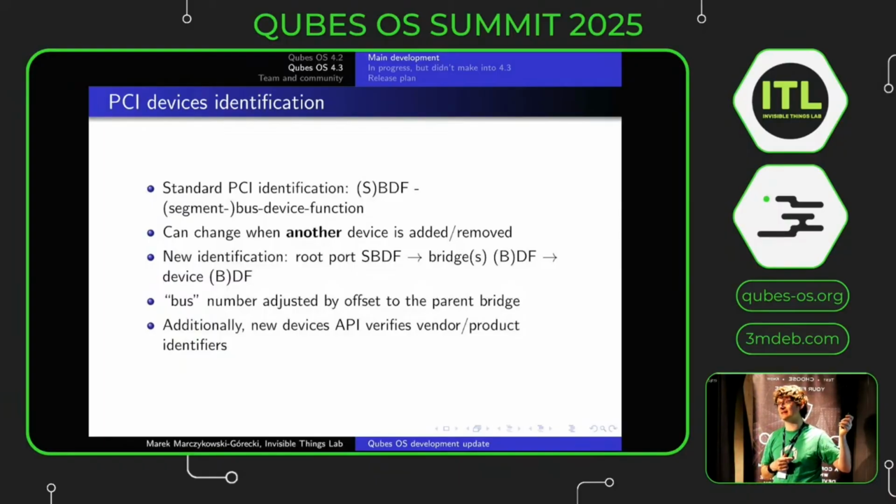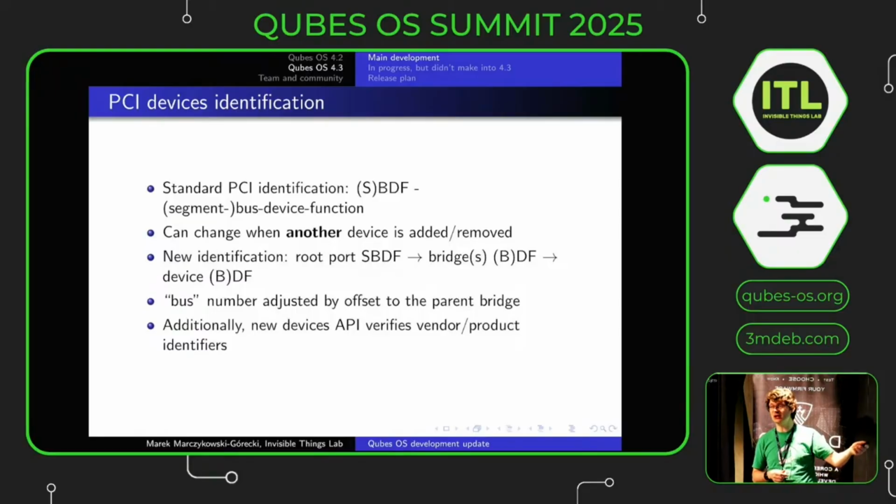As a last resort, we also verify the vendor and product identifier. So at least sys-net or sys-usb or whatever will not take some random device, and will simply refuse to start instead. Just a second safety measure here.